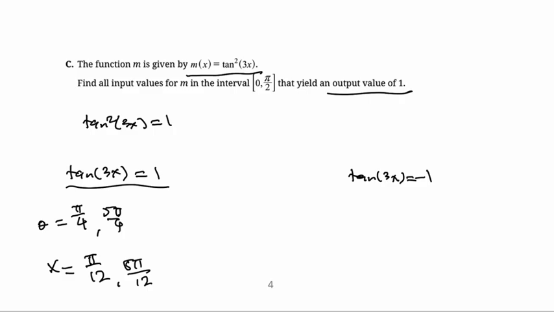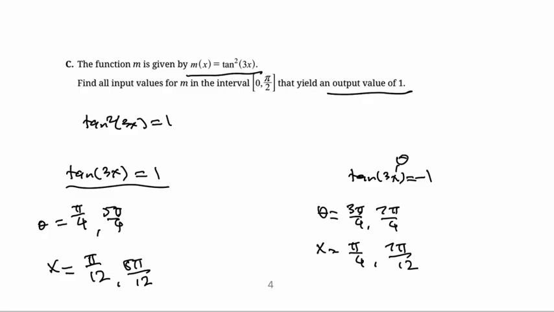Next, for when tan 3x equals negative 1, we have to find the values of theta for which tangent of theta equals negative 1. That is 3 pi over 4 and 7 pi over 4. Then we divide both of these by 3 because 3x equals theta, and x equals pi over 4 and 7 pi over 12.